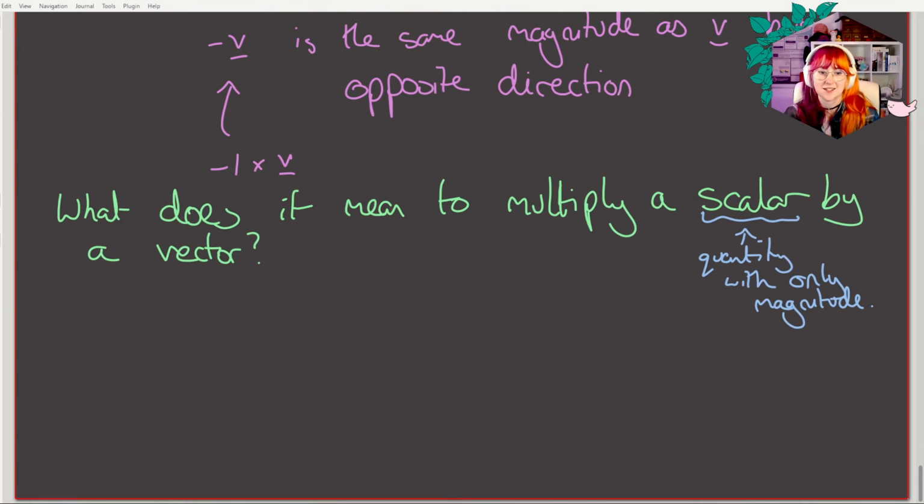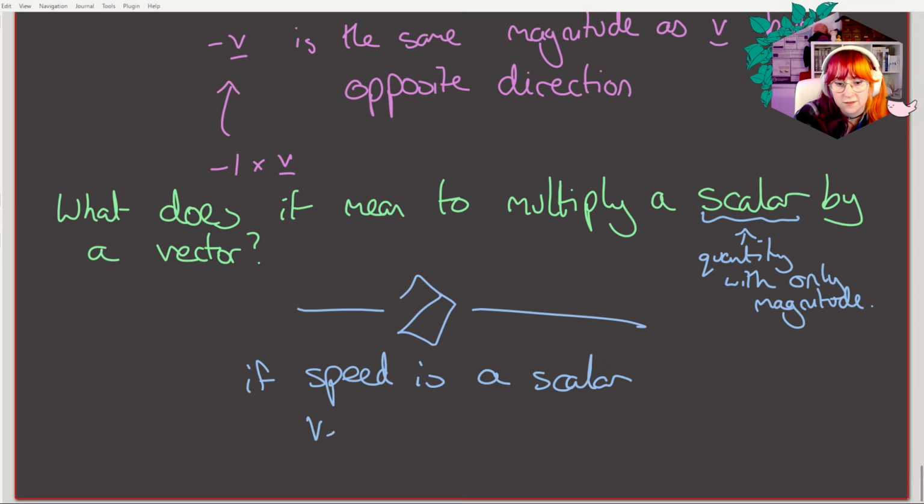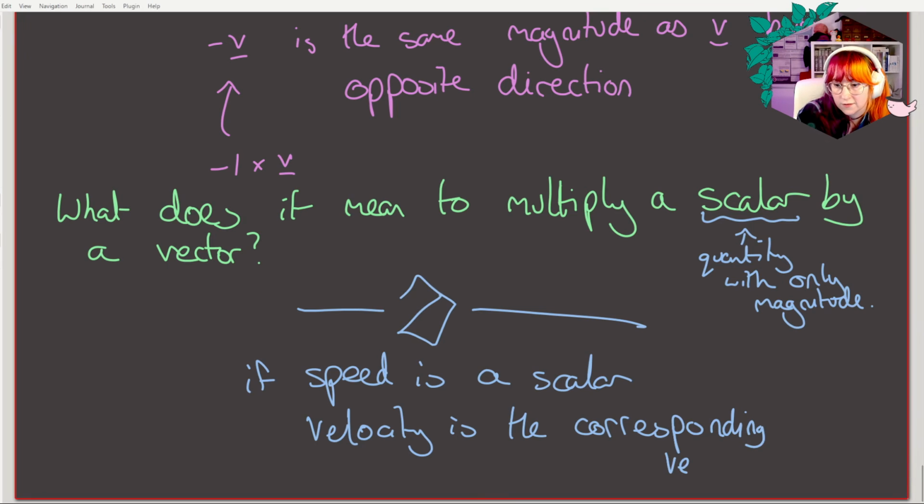The classic side example, just a quick aside, if speed is a scalar, velocity is the corresponding vector. So a car going 30 miles an hour, 30 miles an hour is just its speed.